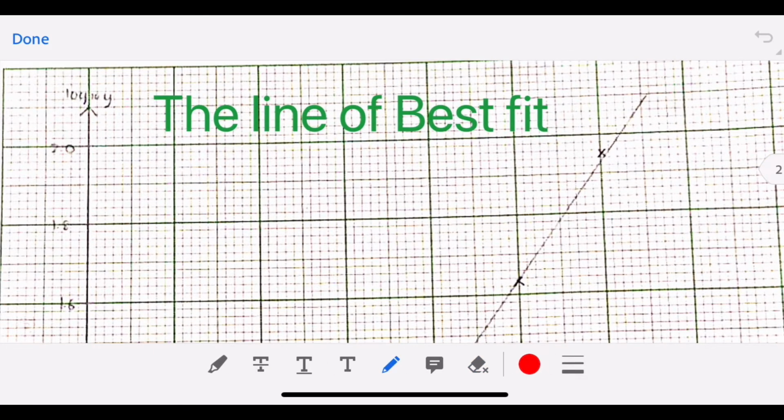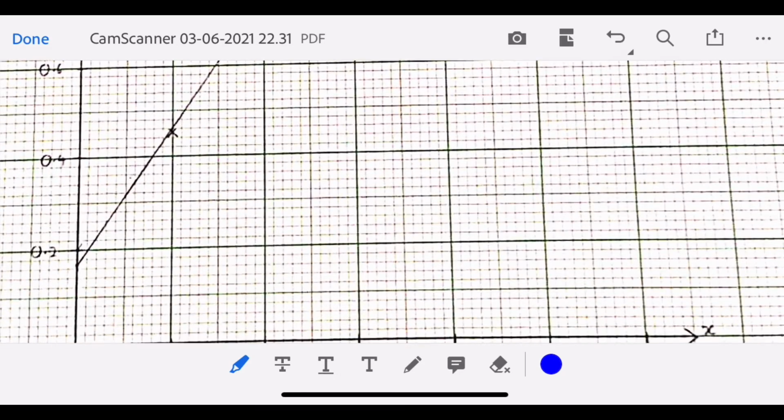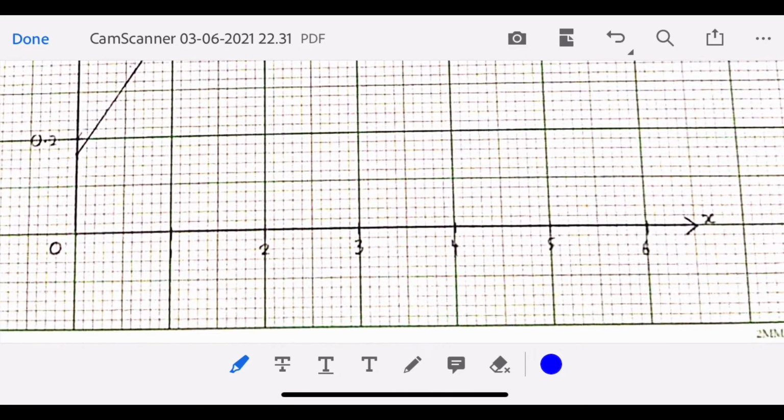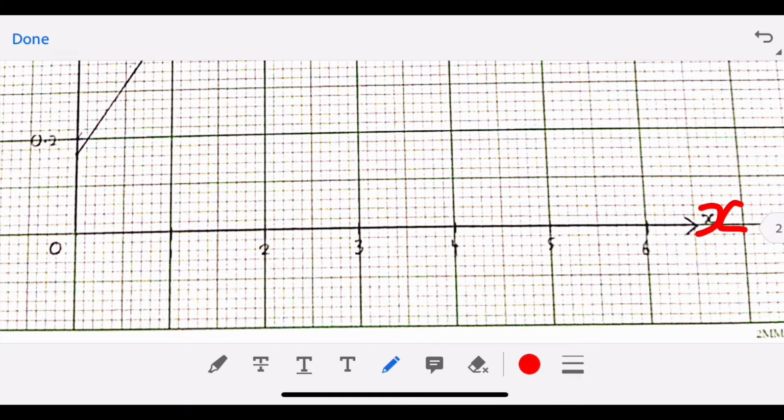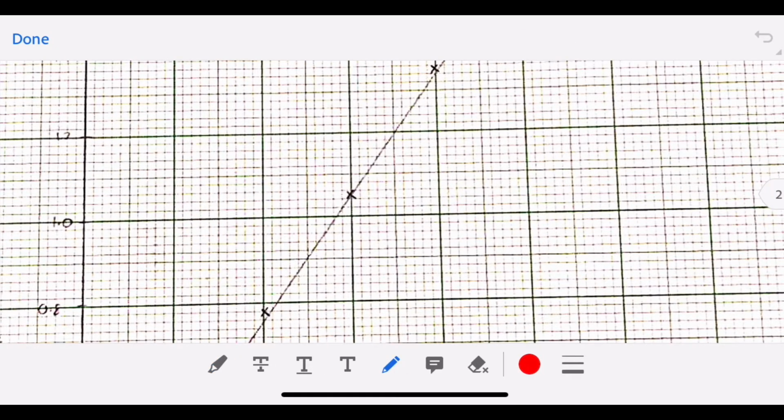Make sure you label this log base 10y, and make sure you follow the scale for the x. Now normally we want you to label the y-intercept, and you choose the best point on the graph to find the gradient.